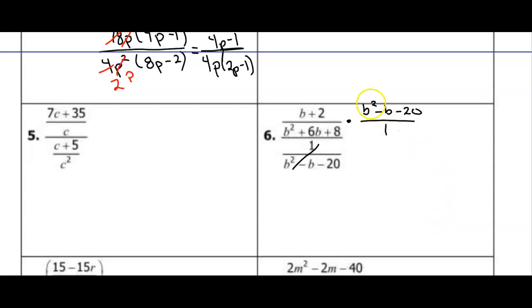So now, I have the reciprocal here. I can't really multiply until I have my factors. So we're going to factor the numerator, factor this denominator, and see what we can cancel out. So we have b plus 2. And down here we're going to divide by b plus 2 plus b plus 4.